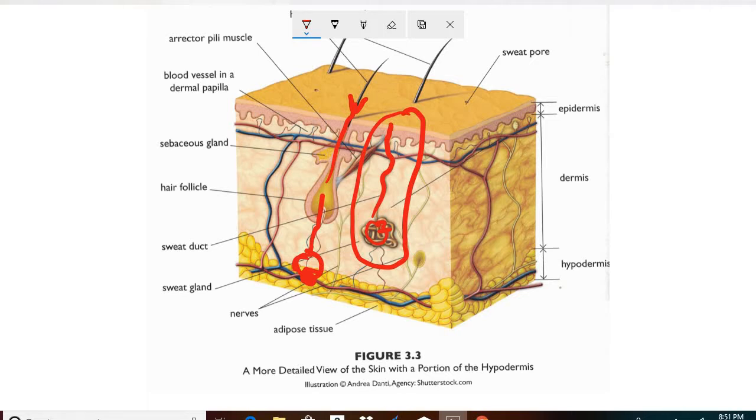So the true merocrine glands are only present in the dermis, whereas what we call apocrine glands can also be in the hypodermis.